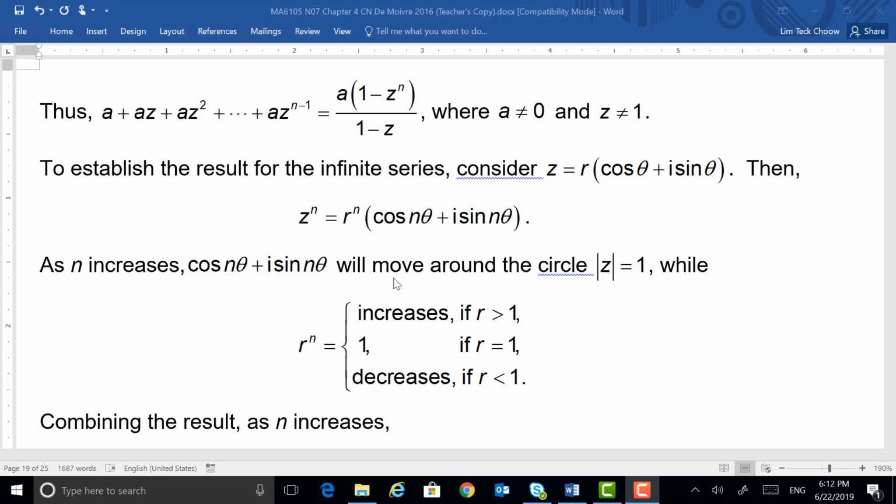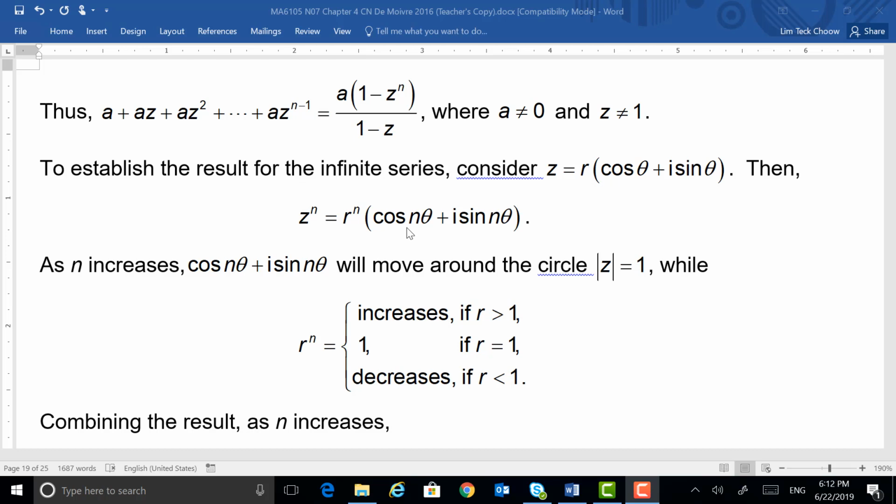But if your modulus r is more than 1, raising this to a big power will make r to the power n very big. On the other hand, if r is less than 1, raising this to a big power will make this number very small. So in the event when r is more than 1, equals 1 or less than 1, this will be the behavior of r to the power of n.